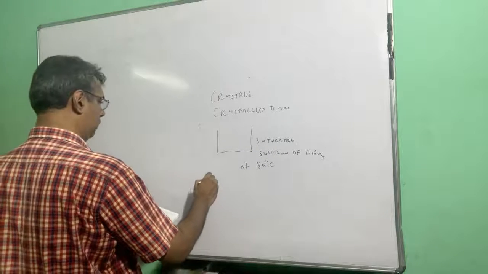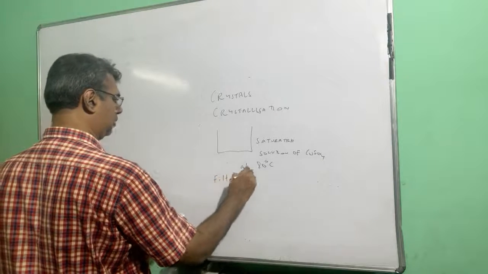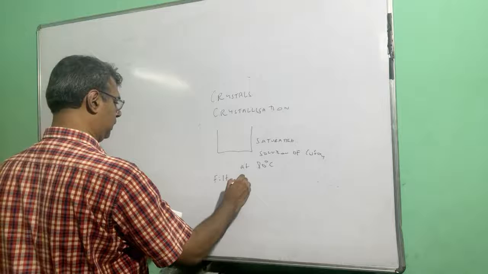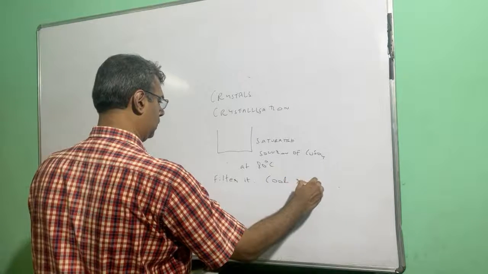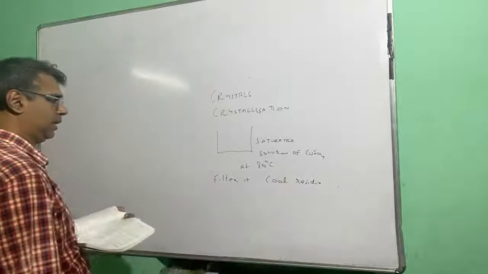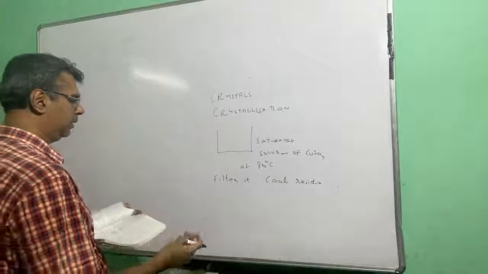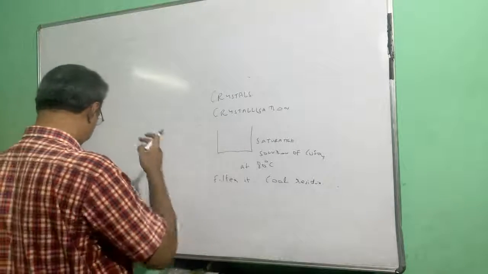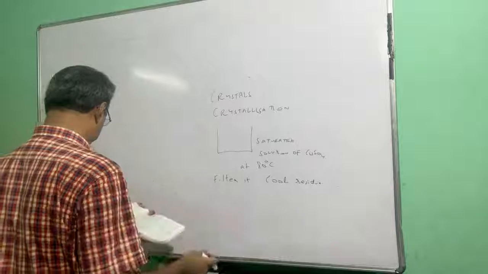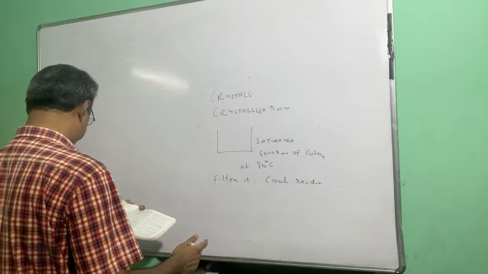Then what you do is that after you have got a saturated solution, you filter it and cool the residue. So I'll repeat again, you take a saturated solution of copper sulfate at 80 degrees, so that's a pretty high temperature. You filter it, you will obviously get a residue, you cool the residue.